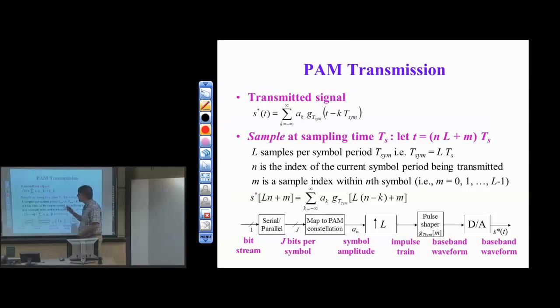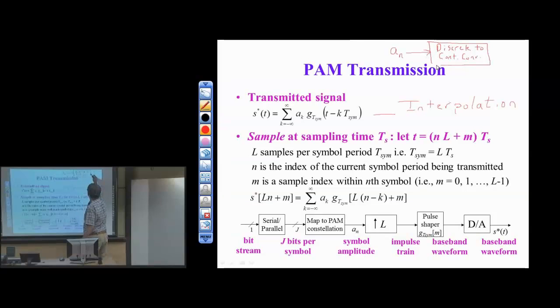Again, the transmitted signal is this discrete time to continuous time conversion. This is interpolation. Now, I can sample this interpolation. My input is A of K, or A of N, really. K is just a placeholder variable for summation. So I have a discrete to continuous conversion.